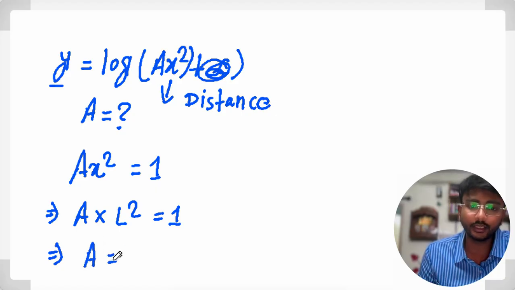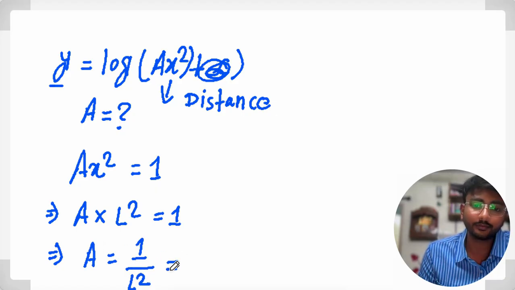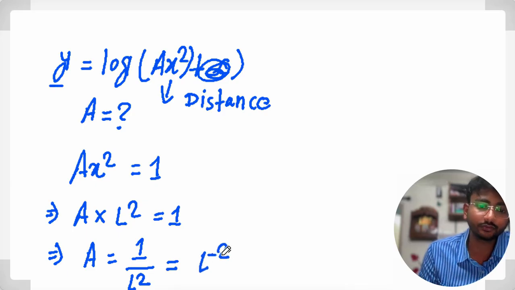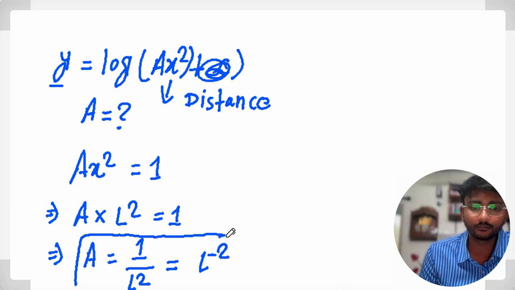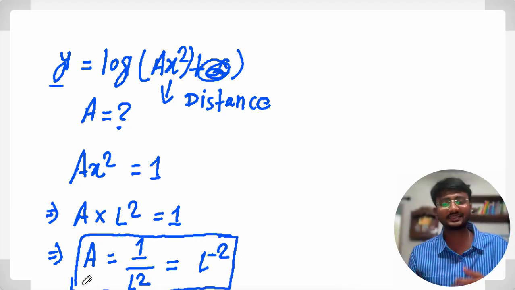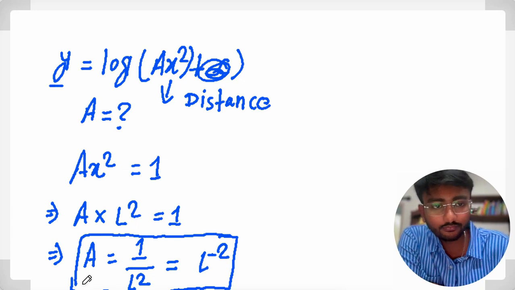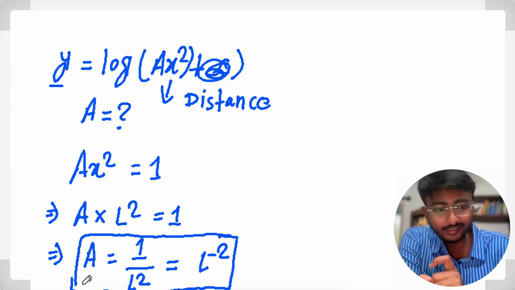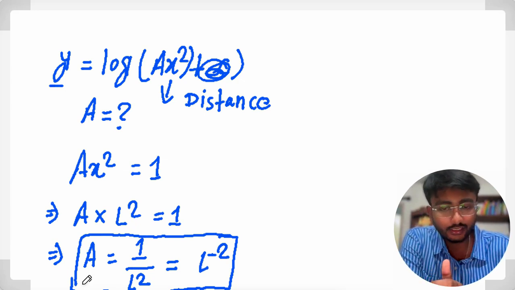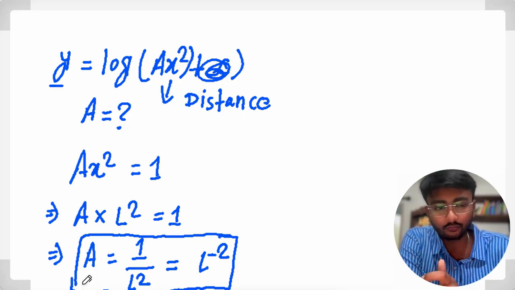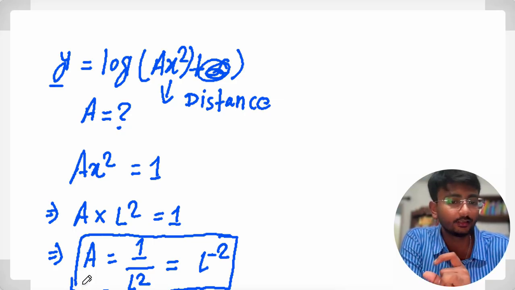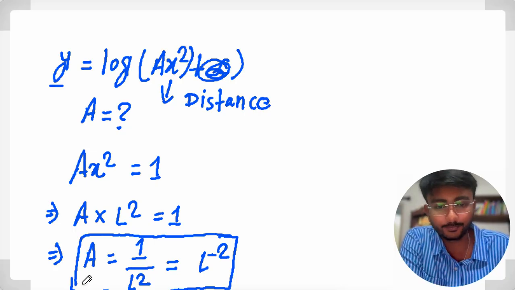So a equal to 1 upon l square. That means l to the power minus 2. This is the dimension of a. So this is the way to calculate the dimension of any unknown quantity which is inside of any log function. So this way you can calculate from log function, exponential function, trigonometric ratios, right?